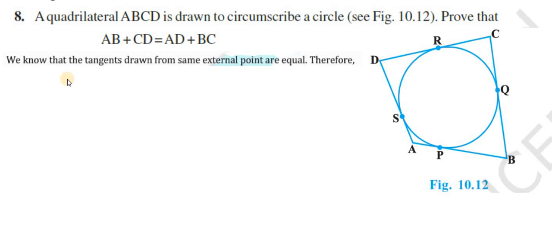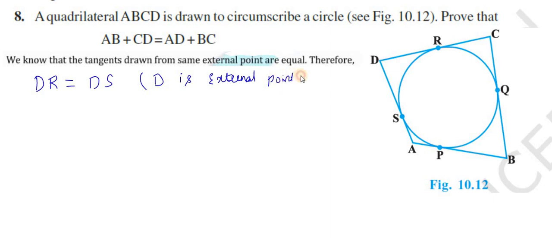So what can we write here? DR is equal to DS. Why? Because D is an external point.